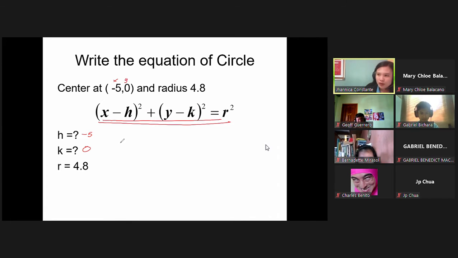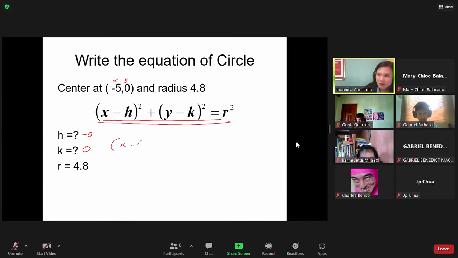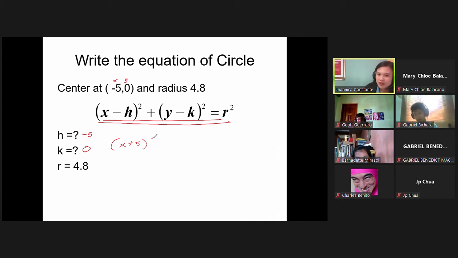So you're going to have x minus -5, or you can write it as +5, plus 5 squared plus y minus 0 squared equals the radius, which is 4.8 squared.